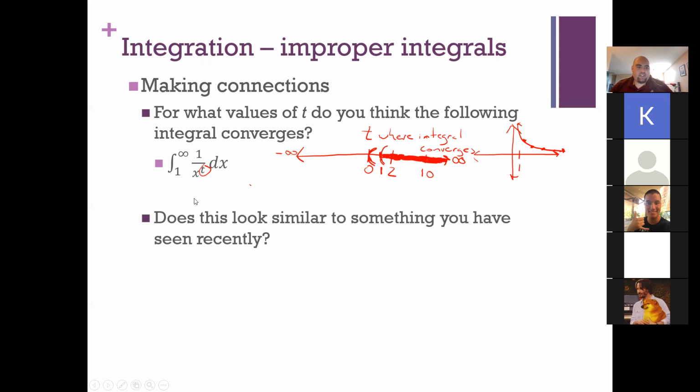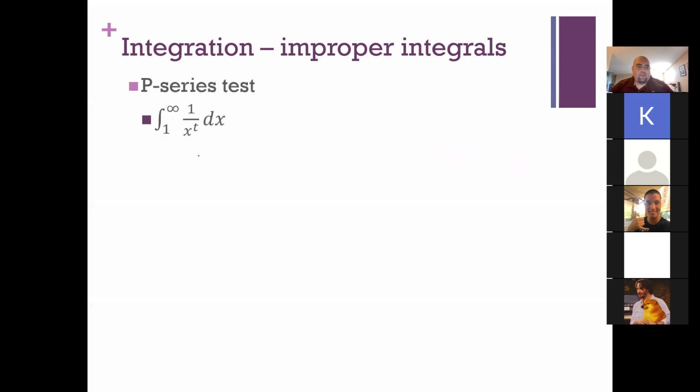I think you all have already answered this question. Does this look similar to something you've seen recently? We've been talking about it as the p-series, and there's no accident there. So let's talk about the p-series test here. I'm going to integrate this from 1 to infinity. The way we do that is to treat this like a limit, integrating from 1 to b.